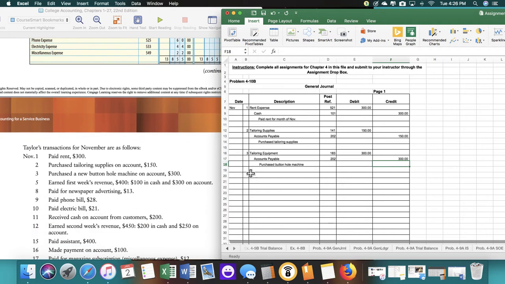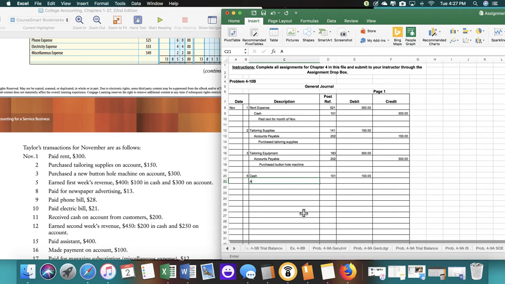Okay, the transaction on the 5th. This is where we start getting into a little bit of trickier transactions. So we earned revenue of $400. That's what both sides of the transaction have to equal, $400. We received $100 in cash. So we received cash.